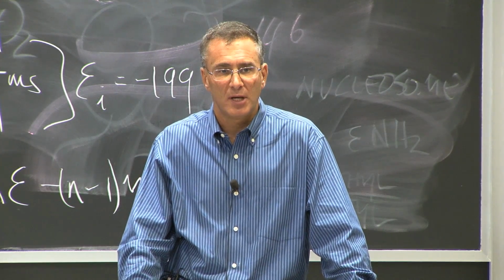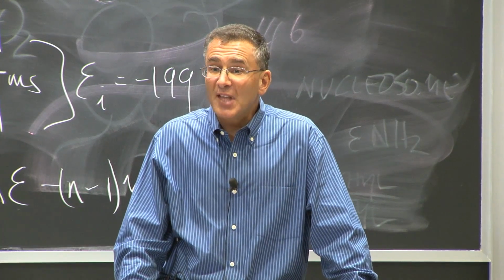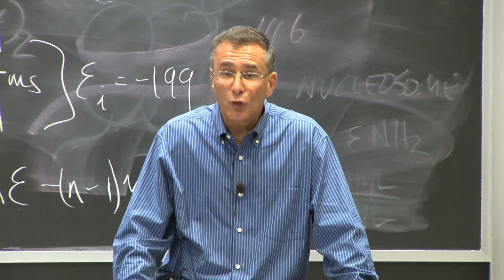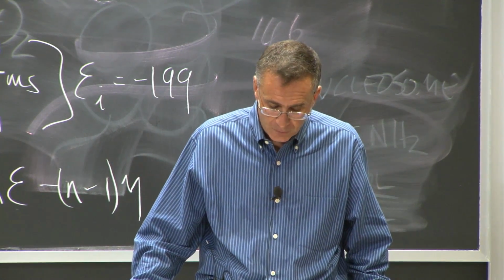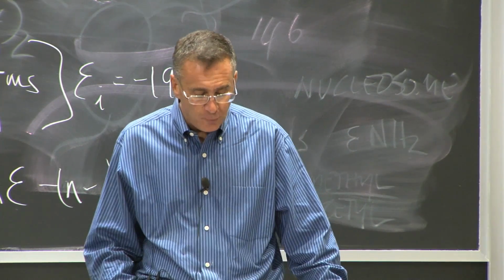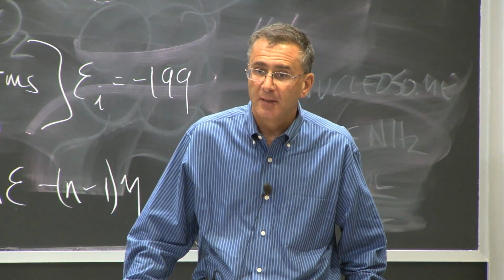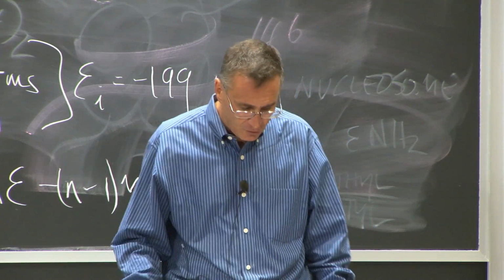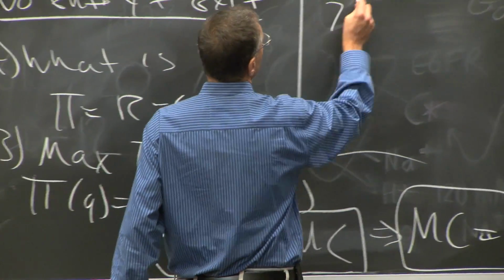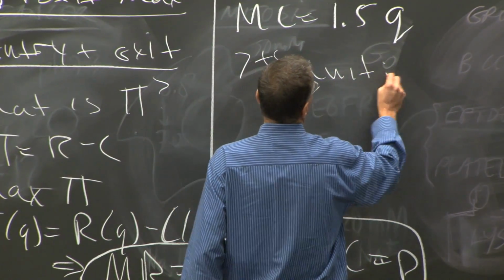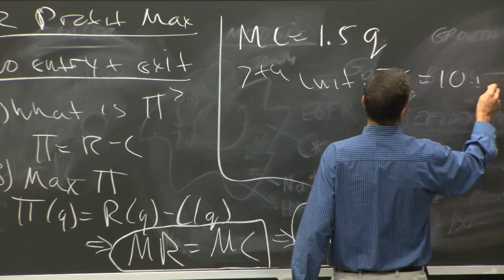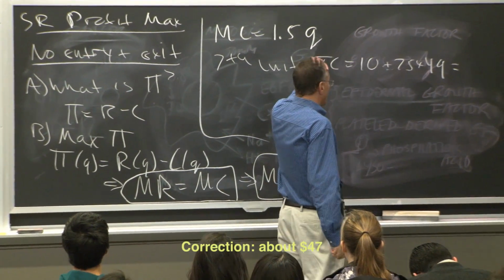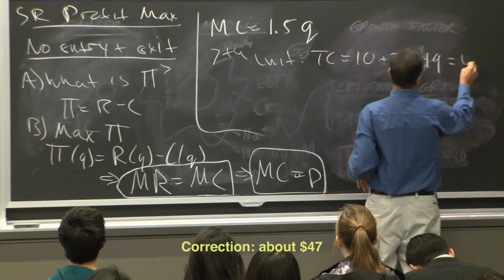Now we go to the 7th unit. What's the total cost of producing 7 units? Total cost is 10 plus 0.75 times 49, or about $42.